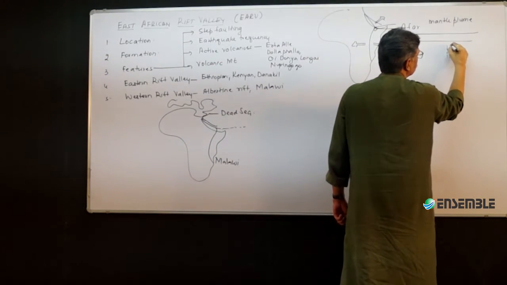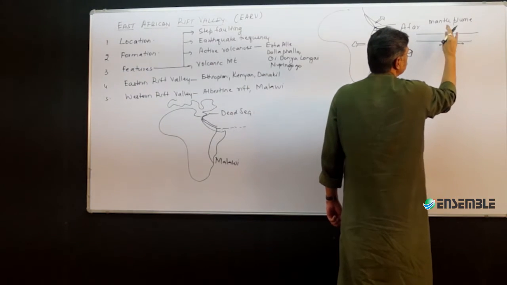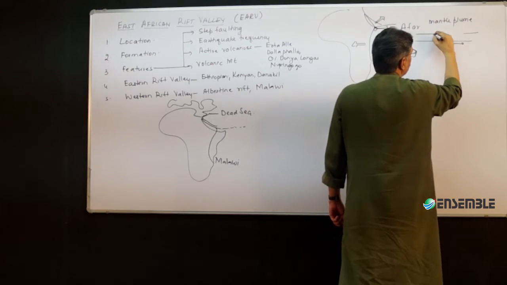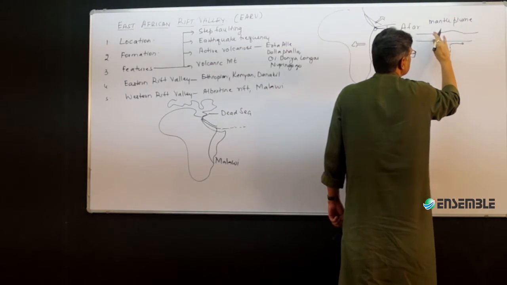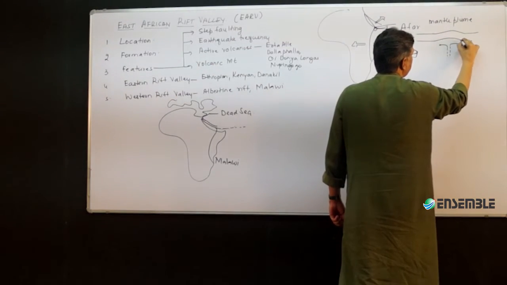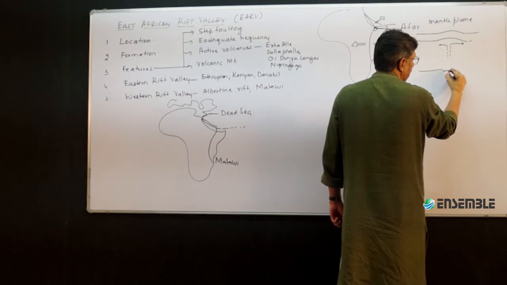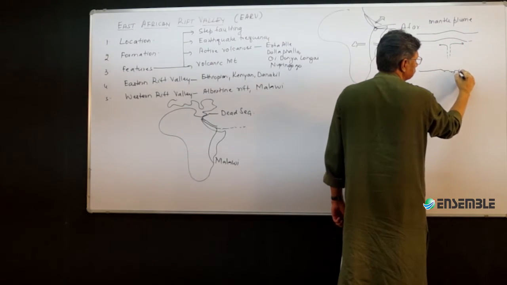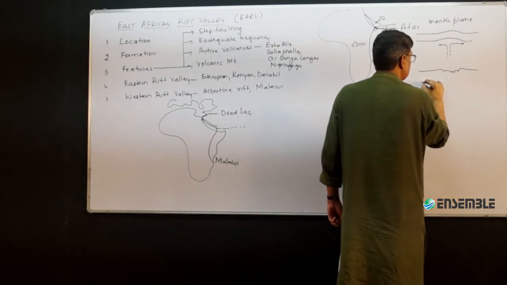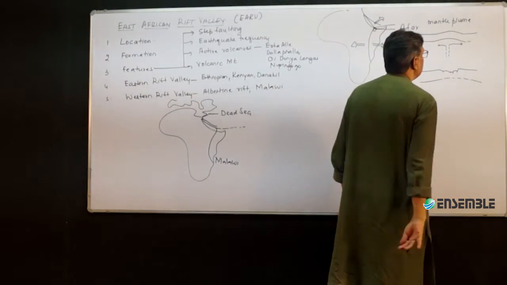As this mantle plume moves upward, it leads to the formation of a dome. A dome forms in this place. Thereafter, this dome gets cracked. That is how it develops a crack.